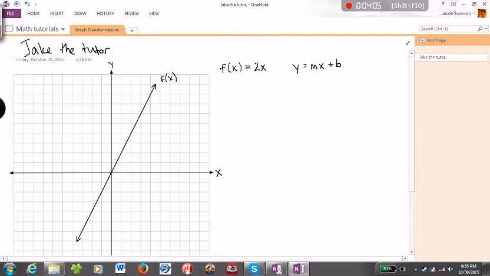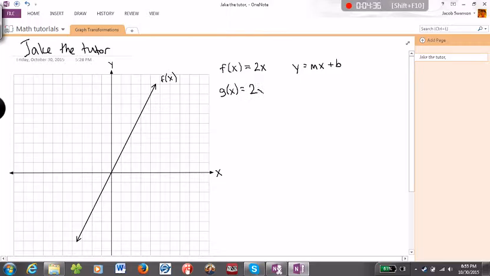However, if we make b equal to 1, or some other number, this line will actually cross the y-axis at that point. So let's say we wanted to shift our function f of x 3 units up. We're going to call this g of x, which once again represents the y values, but it's different, so we can distinguish between the two functions.